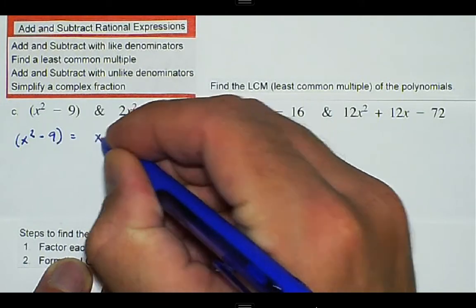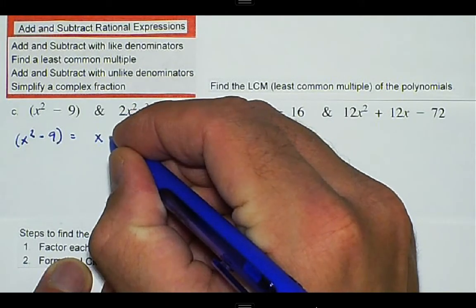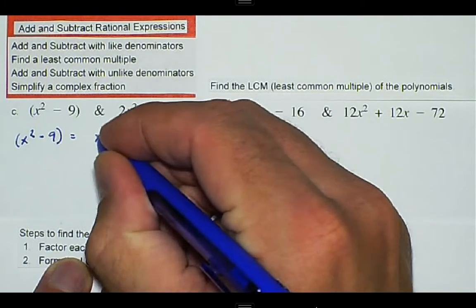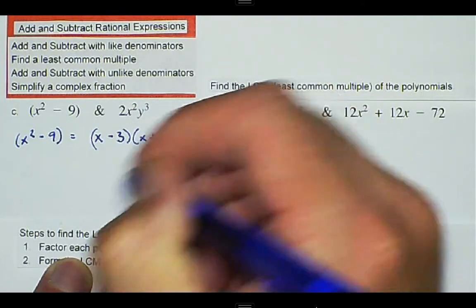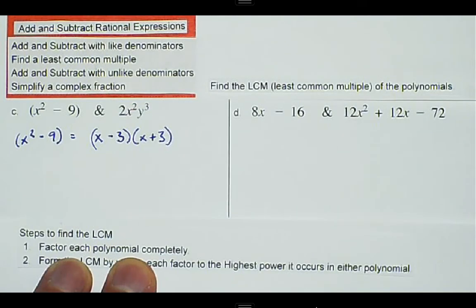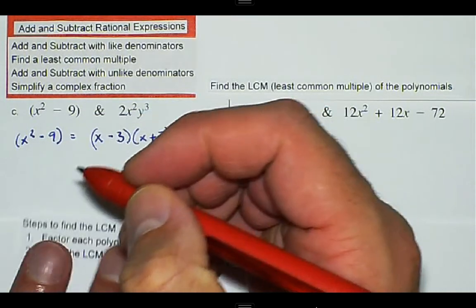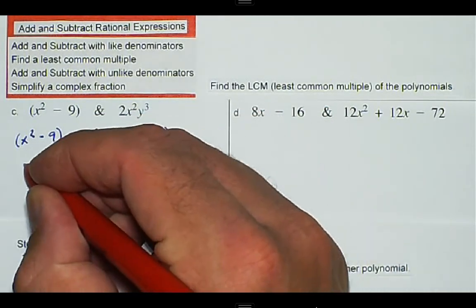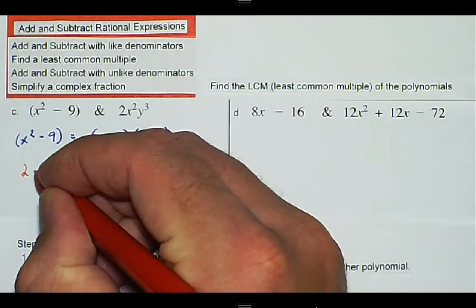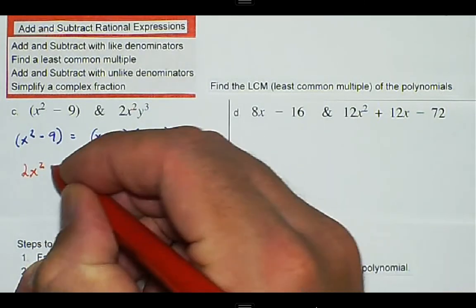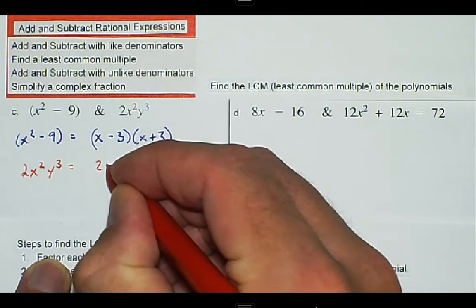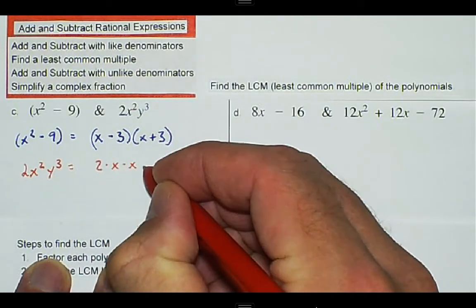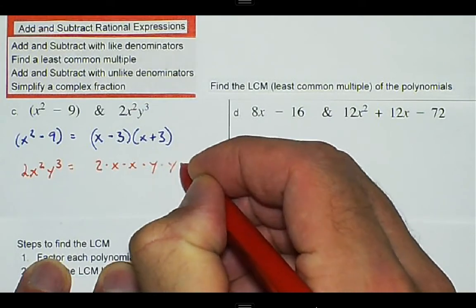So we can write that as x minus 3 times x plus 3. So that's in our factored form there. And then 2x squared times y cubed, that we can write as 2 times x times x times y times y times y.